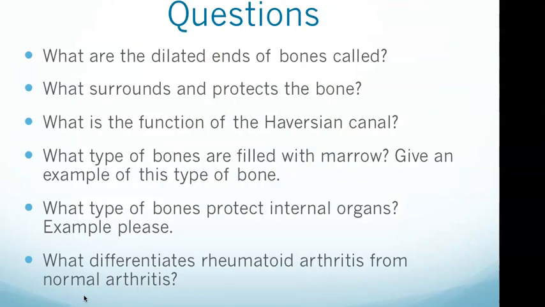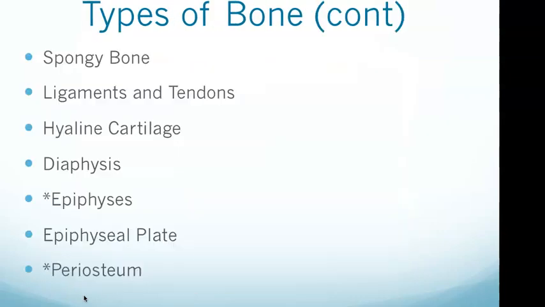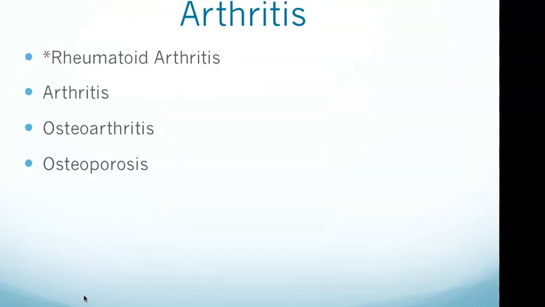what differentiates rheumatoid arthritis from normal arthritis? Okay, so rheumatoid is an autoimmune disease that is caused by immune cells attacking either the cartilage or joint lining, while your regular arthritis just develops when cartilage between joints breaks down over time. So that's the difference.